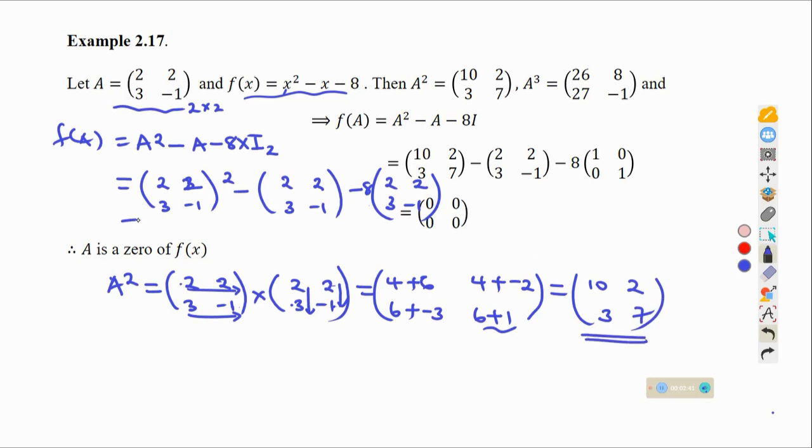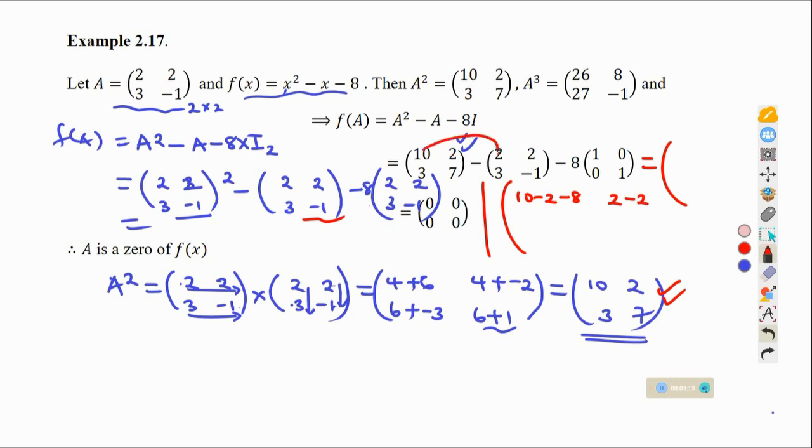So you realize where there is A squared, we shall have this matrix here, which we have obtained. So we shall have this, we are subtracting this matrix, and -8 into that. So when you do that, remember, you are subtracting the corresponding terms. So in other words, you are getting 10, you are subtracting there 2, again you are subtracting 8.